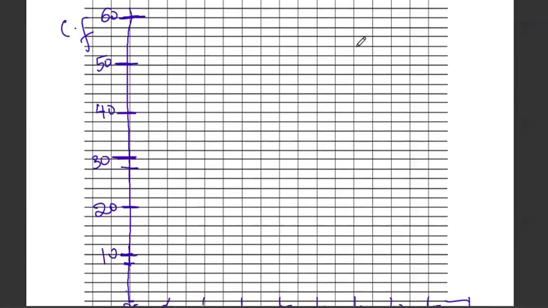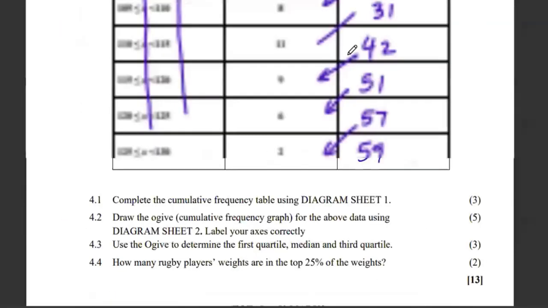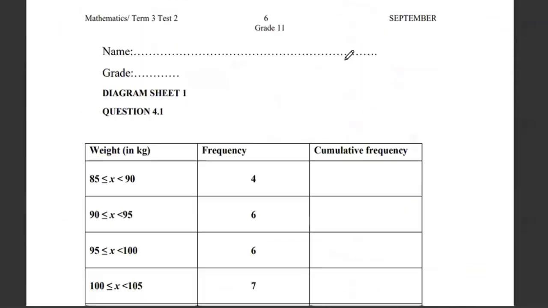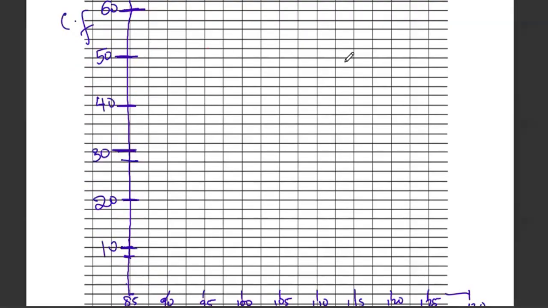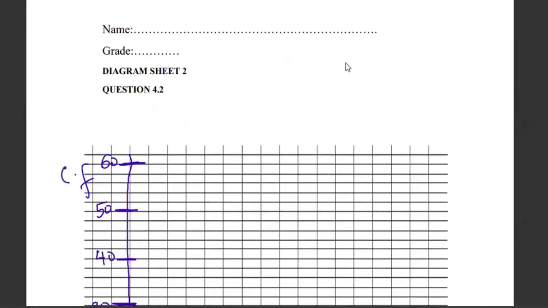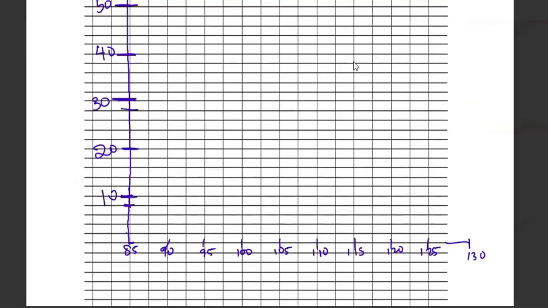Okay, so the first interval, we said it's a 4. Then 4, 10, 16, and 23. So 4 is going to be somewhere here. 10, then 16, that's 10, 12, 14, 16.